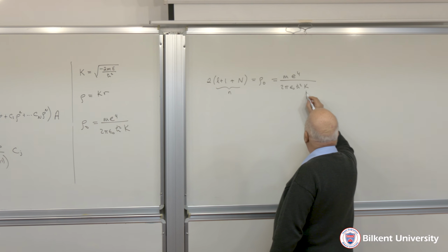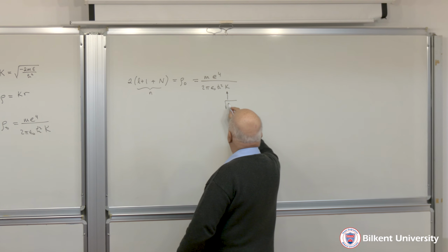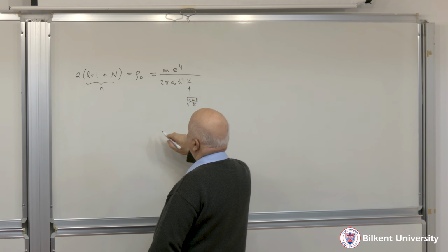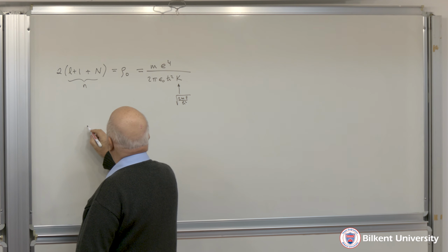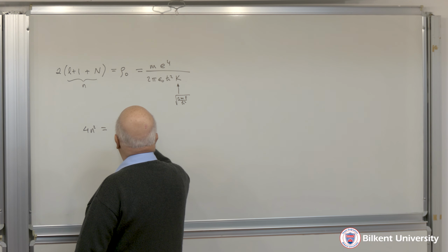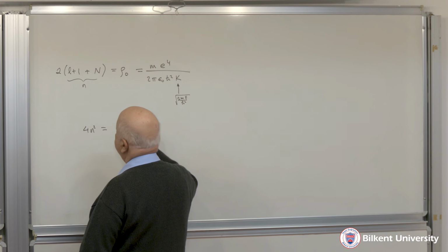So this k, remember, is just the square root of minus 2mE over h bar squared. If I square both sides, I get 4n squared equals m squared e to the 4.